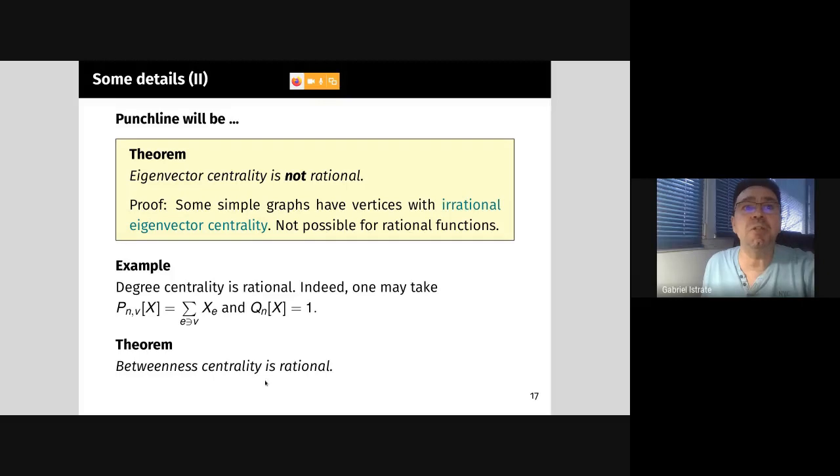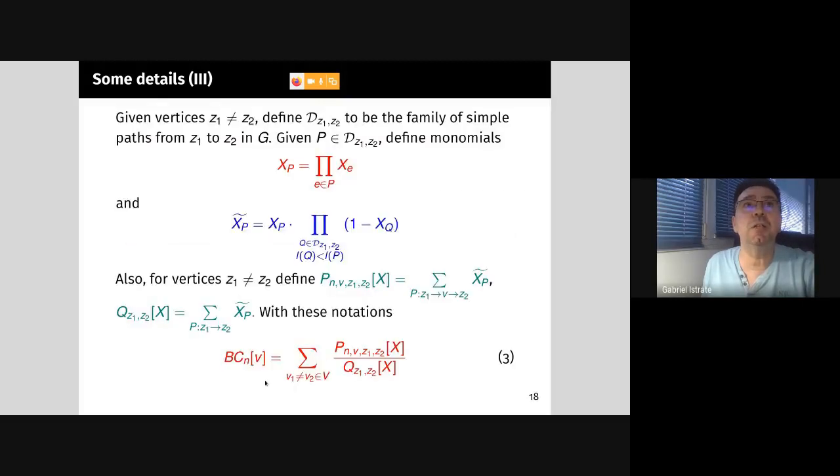More interestingly, betweenness centrality is also rational, and here the proof is a little bit trickier. I first encode the path as a monomial by multiplying the variables on the edges of the path. Then I encode as a polynomial the fact that I have a path between 2 nodes and no shorter path exists.